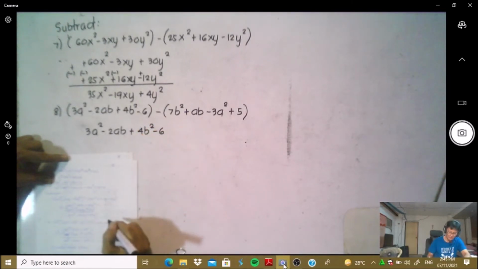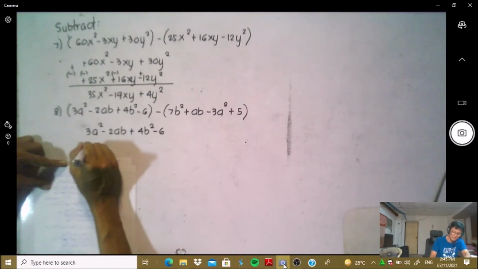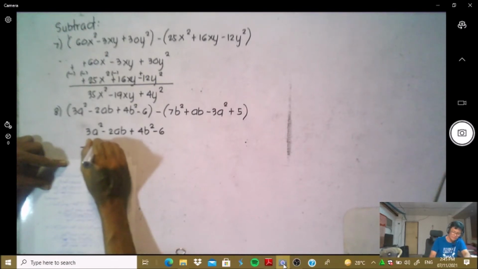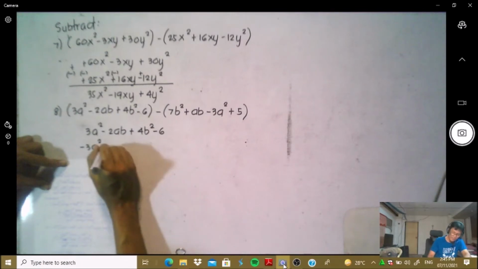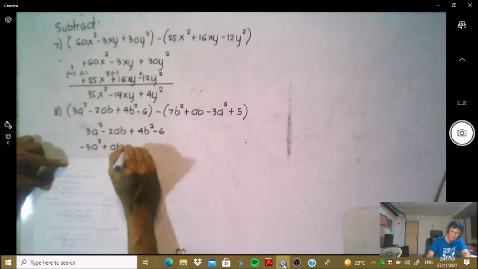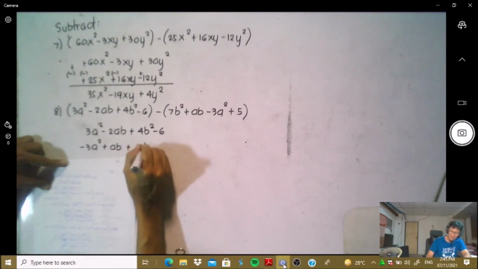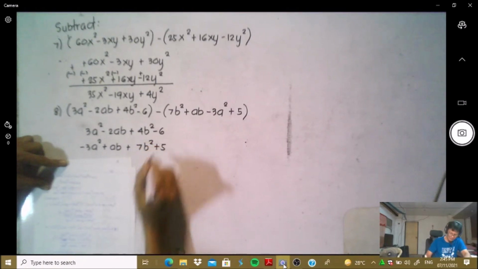So we'll start with a squared. So we have negative 3a squared. The next is ab, so plus ab, then minus 7b squared, plus 5.